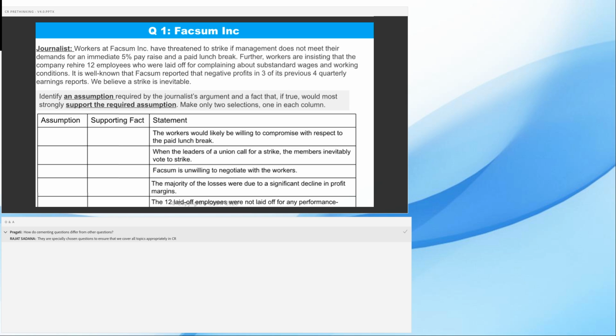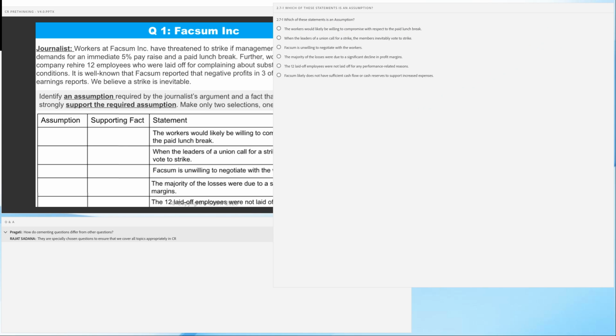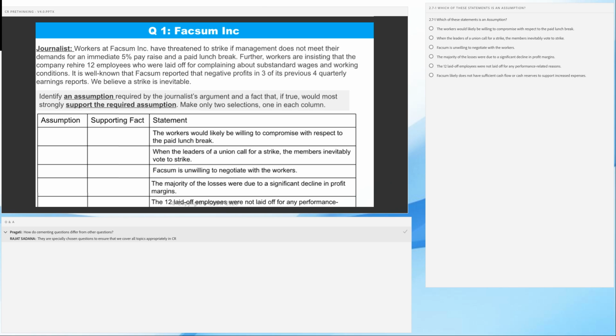Where are my polls here? And then here is the choice that strengthens the assumption.